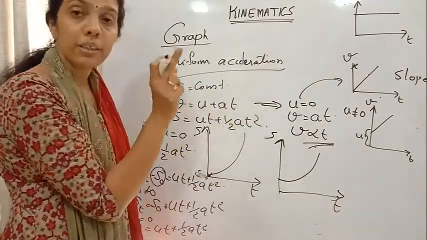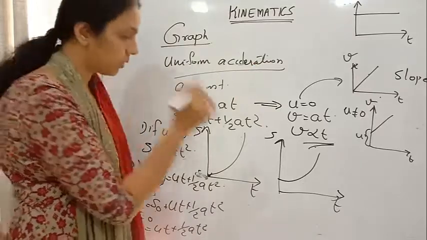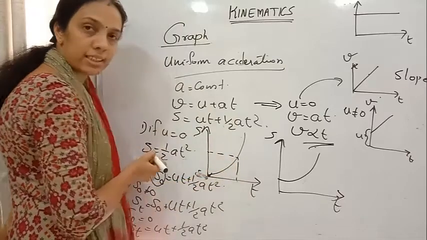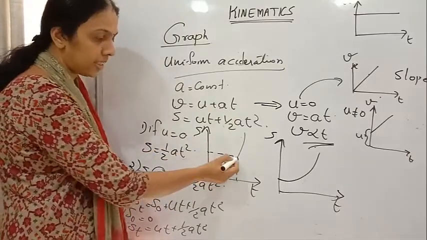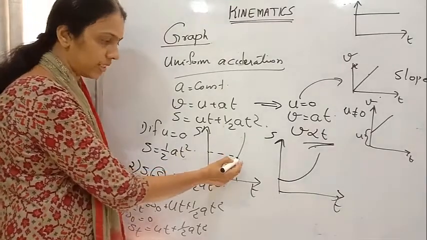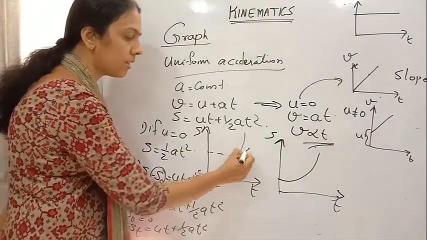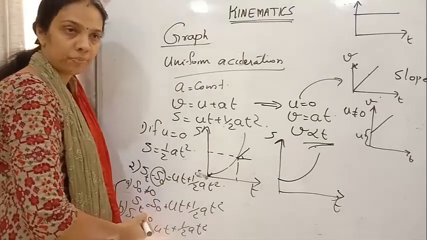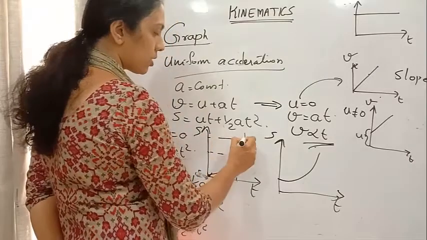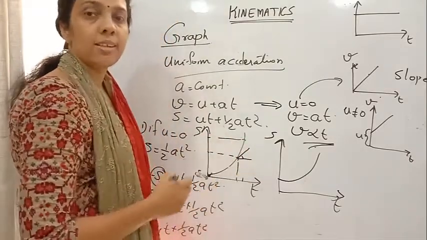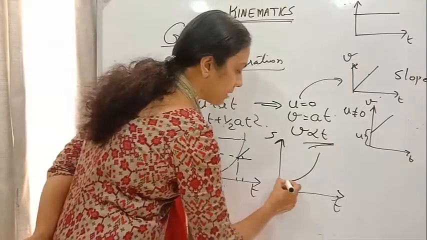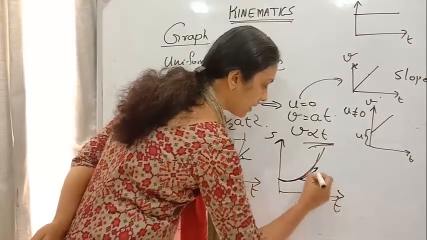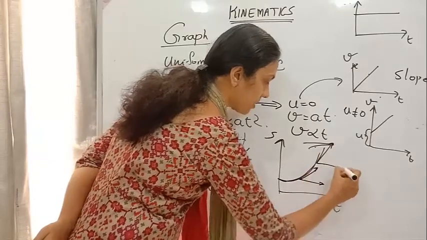So here we get the instantaneous velocity. If I consider the slope at this point, I get the instantaneous velocity, or I can find the slope by taking the angle theta. Here this is the tangent at this point, and this is the tangent at this other point.